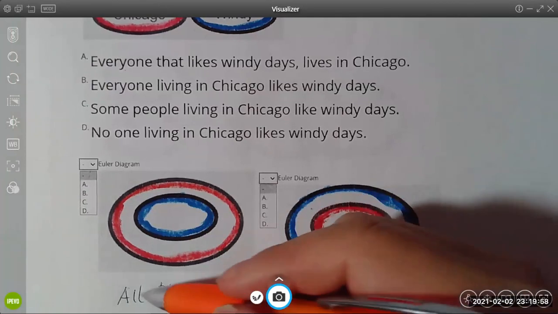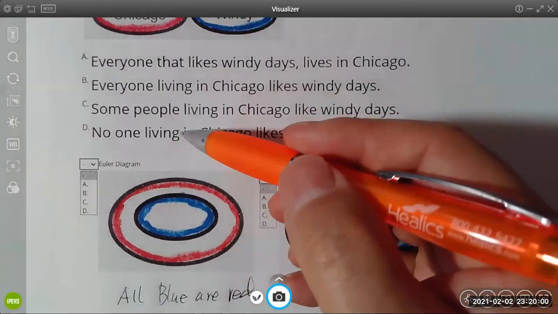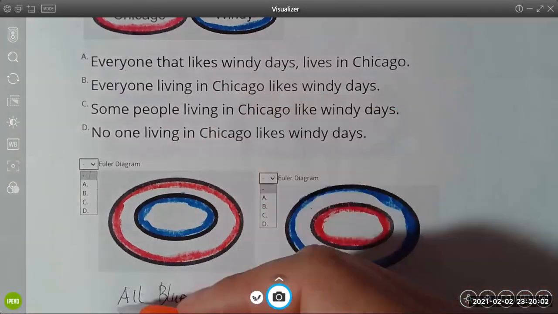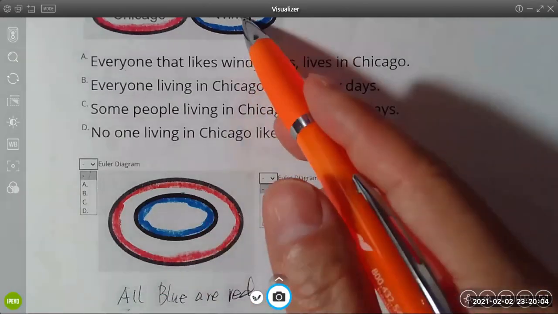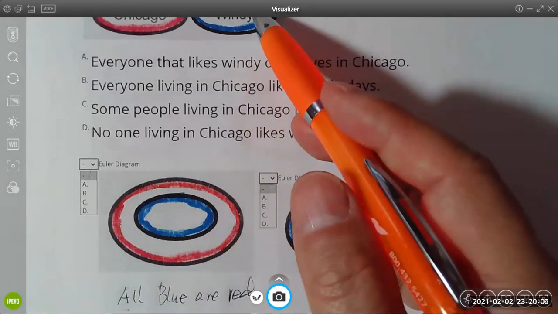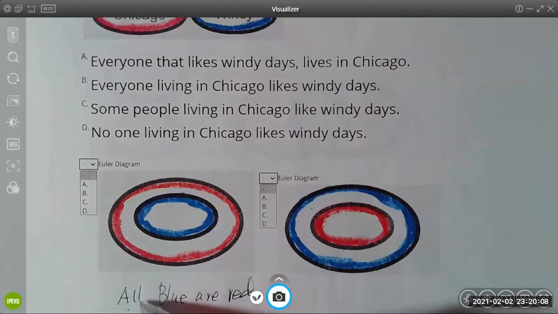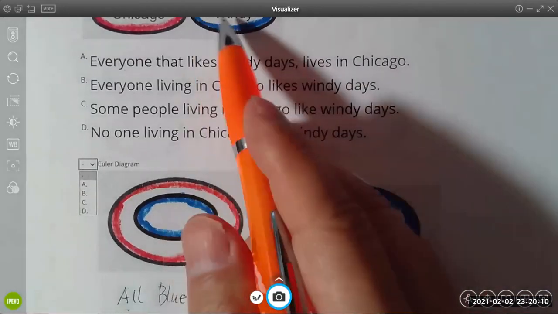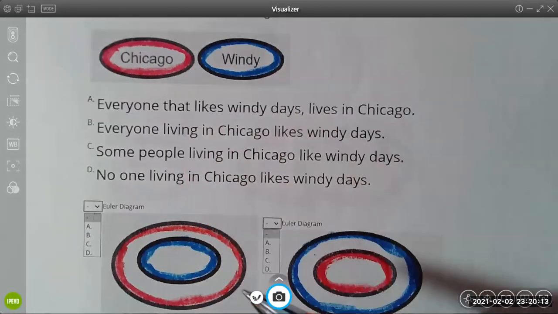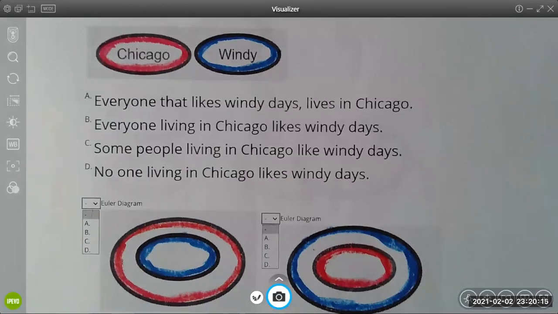But try to match this with one of the statements. You have to start with all, right? Blue is people who love windy days. So if you match this with these two basic sides, all people who love windy days are living in Chicago, because red means people live in Chicago.